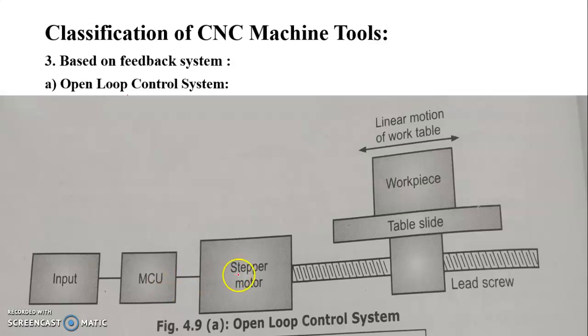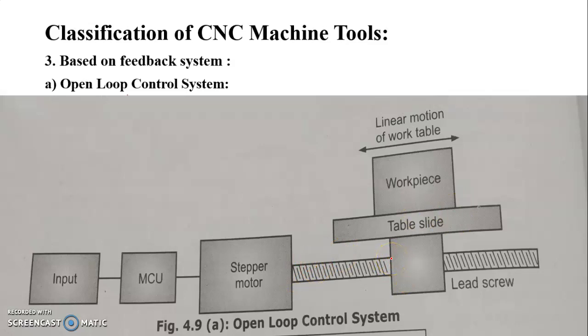This results in motion of the slides through the desired distance. The stepper motor is used to drive the work table of the machine. The output shaft of the stepper motor rotates through a fixed angle in response to an input pulse. Hence, the stepper motor converts the digital electrical signal into proportional movement of the table.